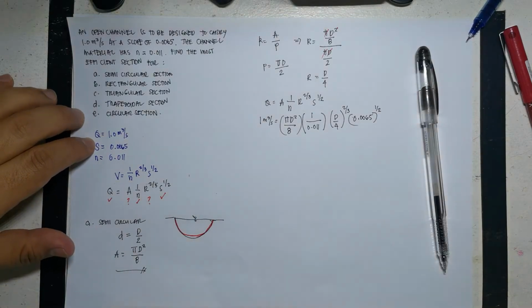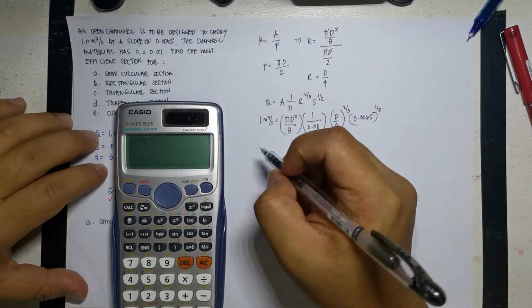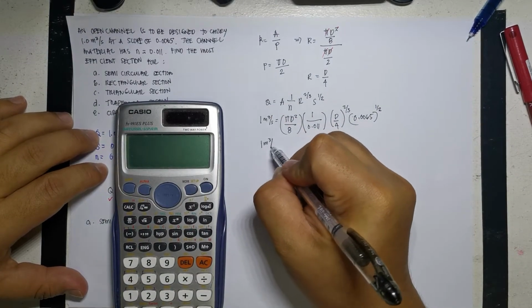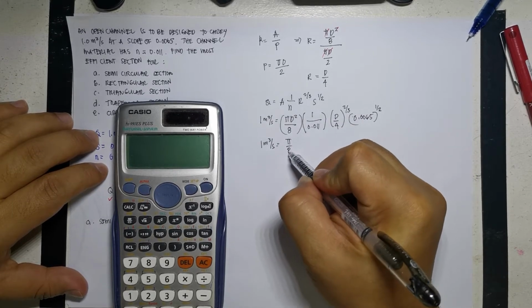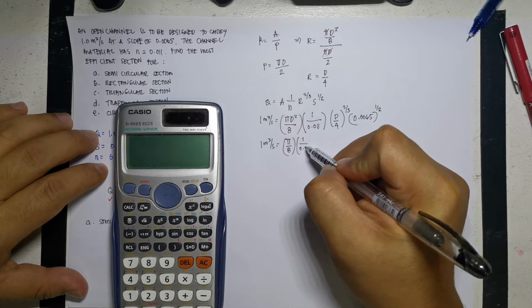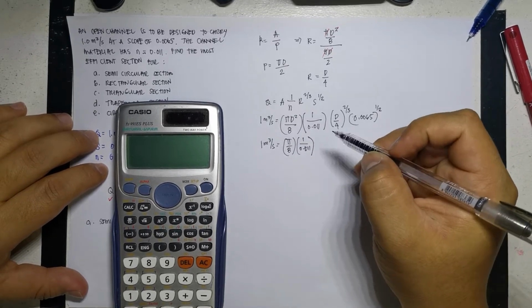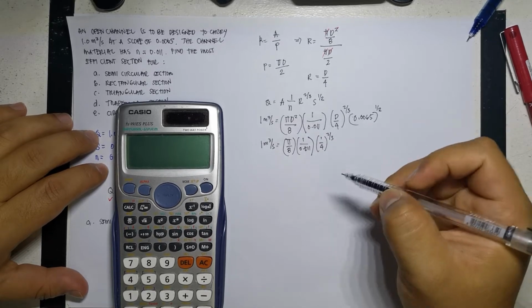So kunin natin yung mga numerical coefficients na pwede nating ilabas. So we'll have 1 cubic meter per second. So ilalabas natin pi over 8 times 1 over 0.011. Ilalabas natin si 1/4 raised to 2/3.